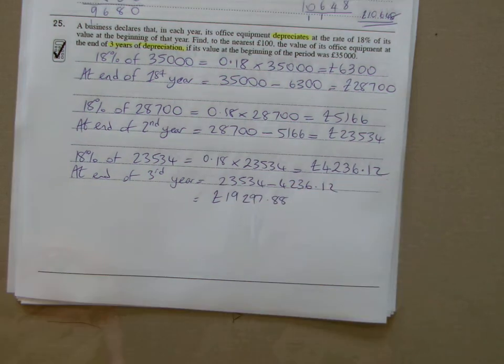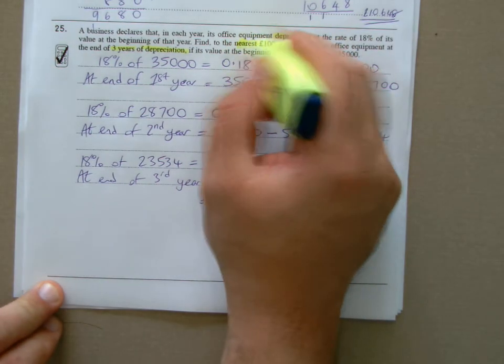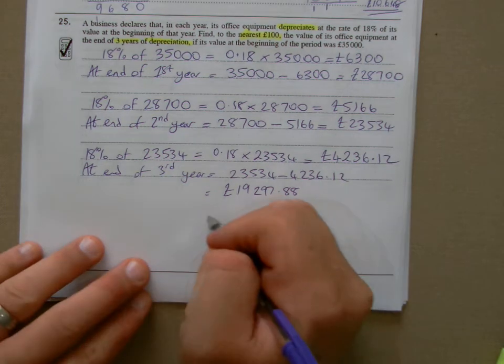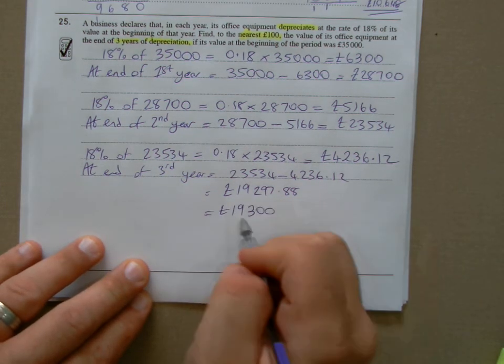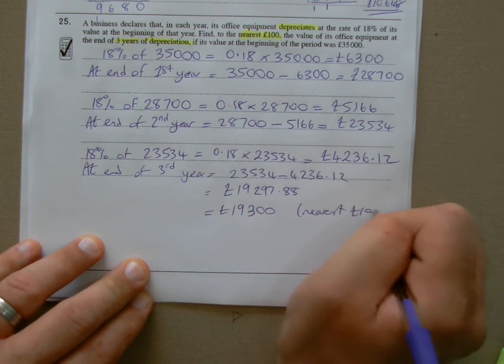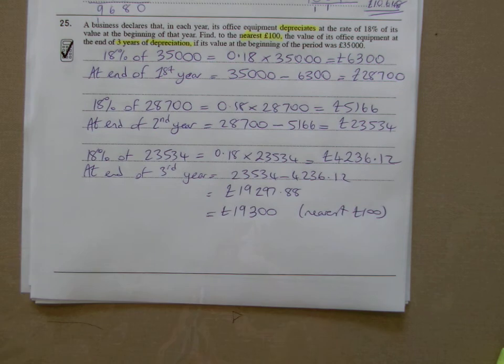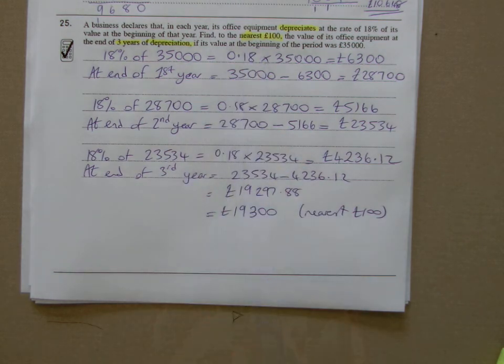Just be careful here, because it says find the value to the nearest £100, so that would be 19,300 pounds to the nearest £100. We round that up because it's closer to 300, and we've given the answer as they want in the question. So 19,300 is the value of it at the end of 3 years.